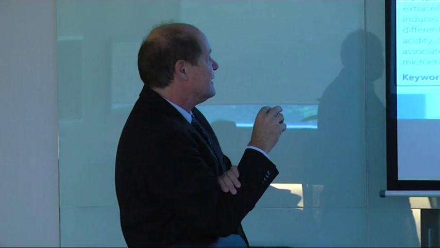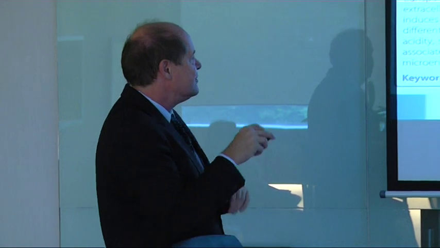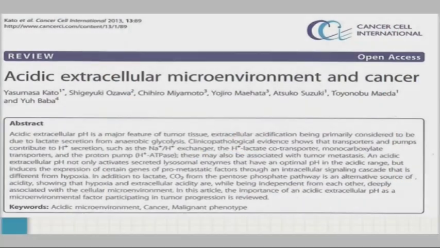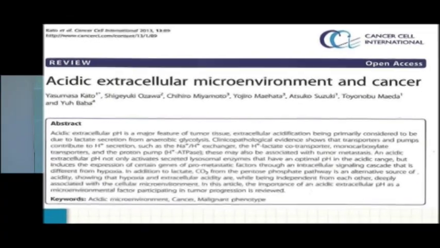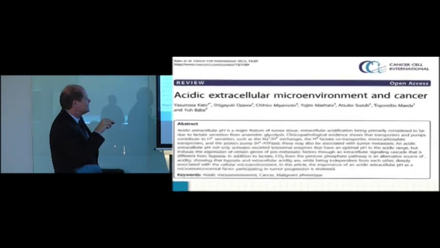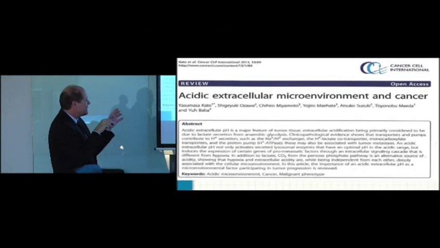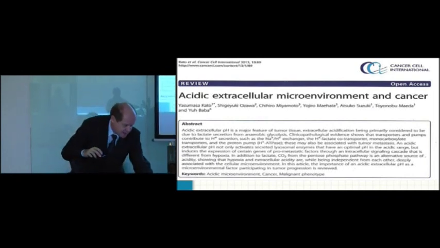In cancer, it is very clear and has been demonstrated that the acidic extracellular pH is a major feature of the tumor tissue and considered to be due to lactate formation from anaerobic glycolysis. And this has a strong impact on tumor aggressiveness and metastasis, which I'm going to show you.